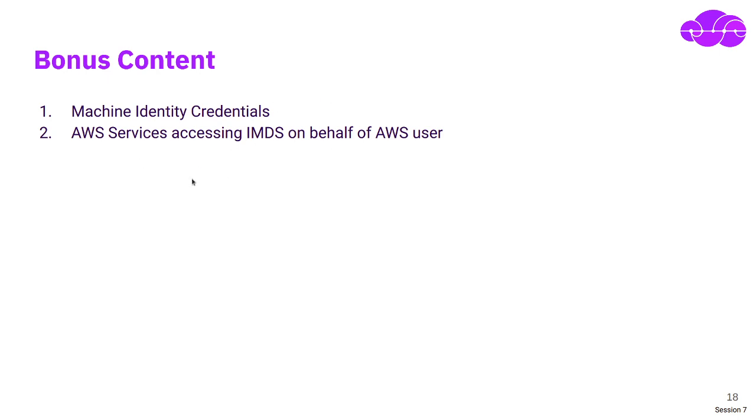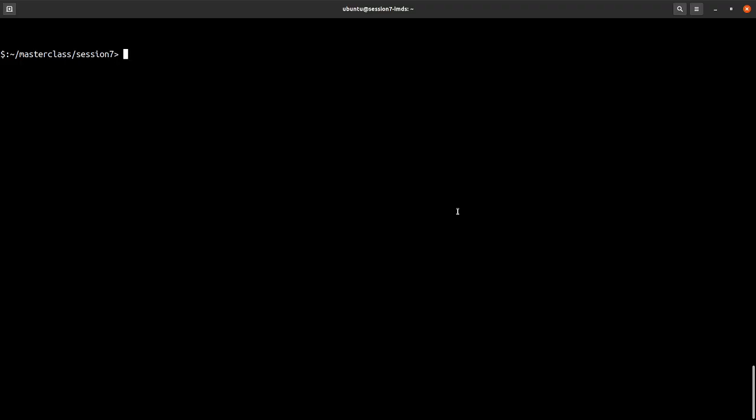The second bit is essentially I wanted to show you what you see on the IMDS endpoint. You run a packet capturing utility like tcpdump, and you make a request from another AWS service which interacts with IMDS. Any other service that is going to interact with the IMDS through AWS's network, because it's on the hypervisor.